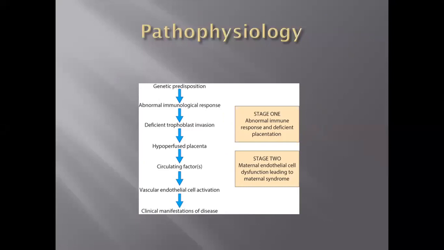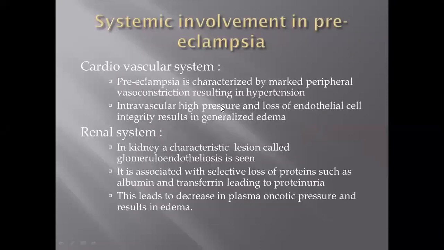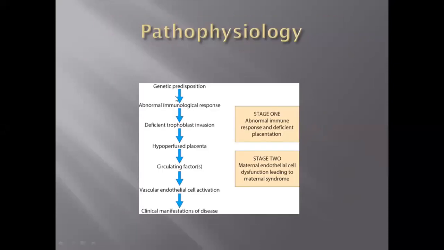This picture shows the pathophysiology in a summarized form. If a patient has a genetic predisposition to preeclampsia, there will be an abnormal immunological response of the mother to the fetus. This will result in deficient trophoblast invasion.